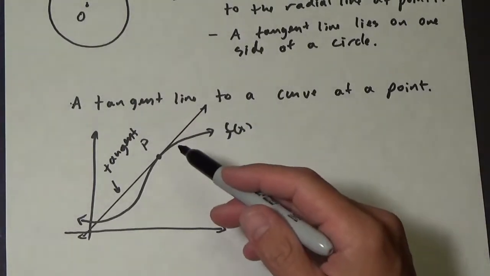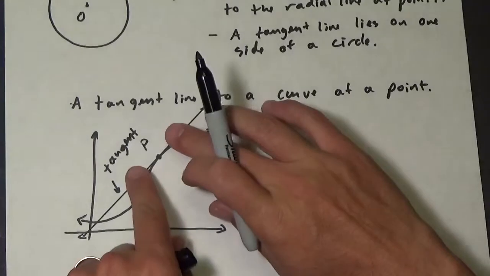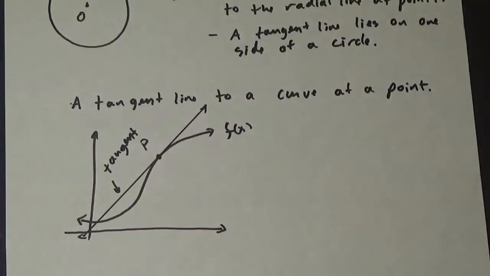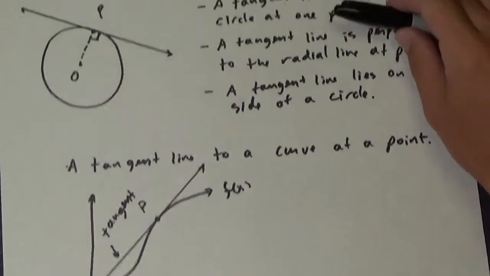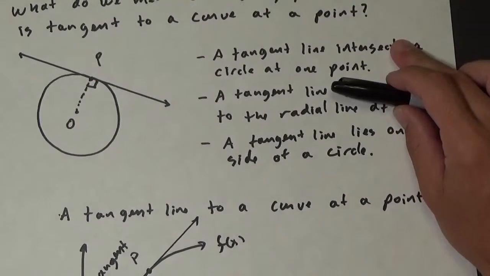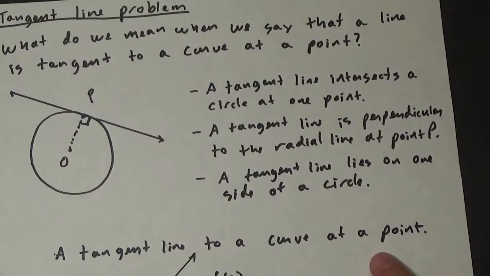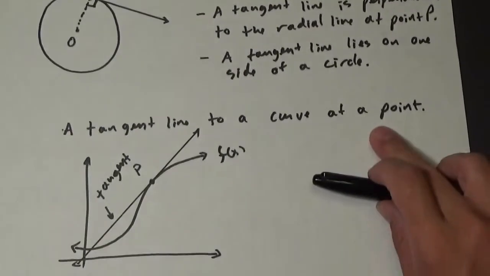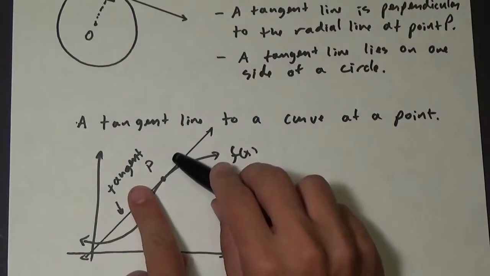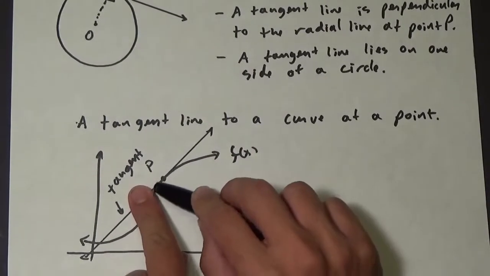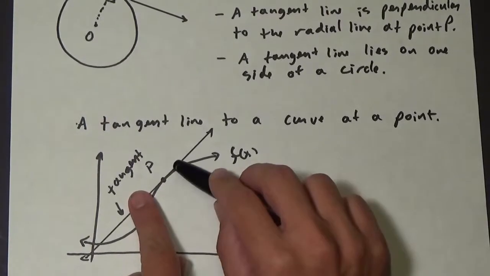Alright, well, when we look at a tangent to a curve, what we do is we only take a small little section of this. And then all of these previous concepts apply. So notice, does it intersect the curve at one point? Now when you only look at this little area, it does. It only intersects the curve in one point at that little portion.